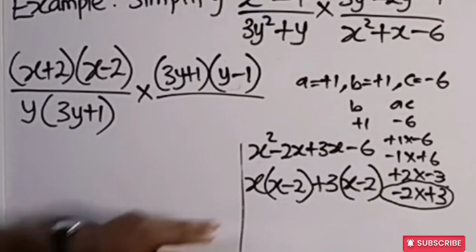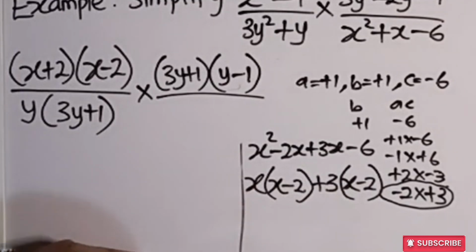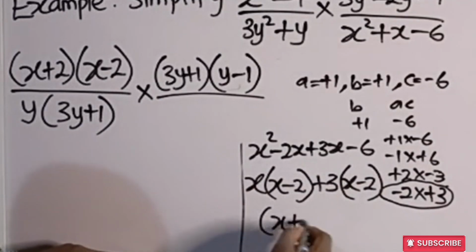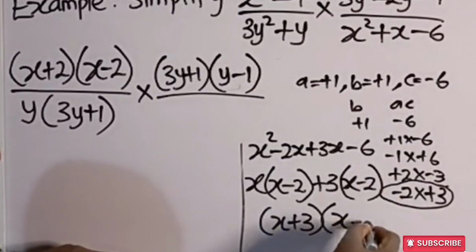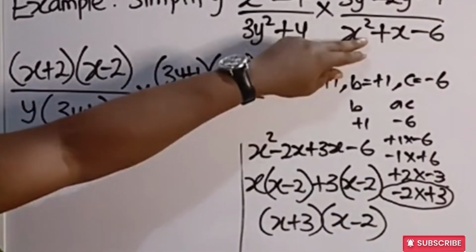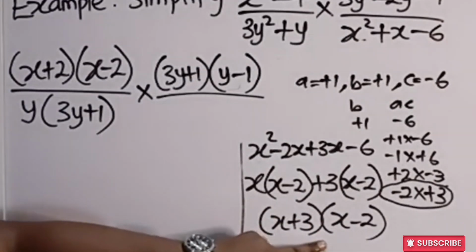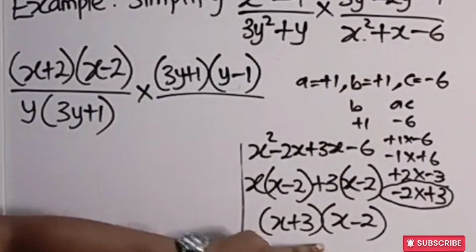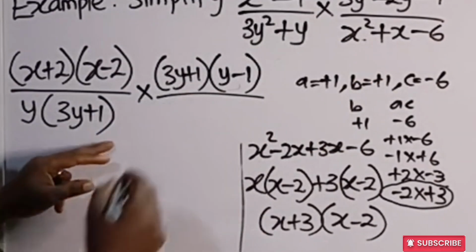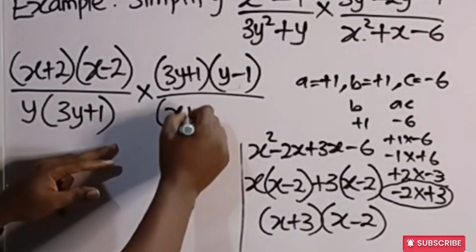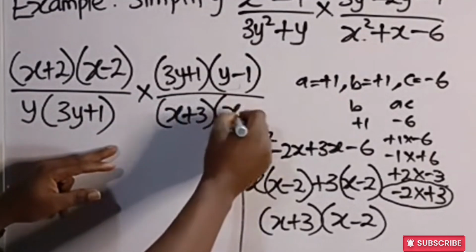Bringing the values outside the bracket together, we have x plus 3 into x minus 2. So this algebraic expression has been factorized to become this. We're going to replace this with this over here. So we have x plus 3 into x minus 2.